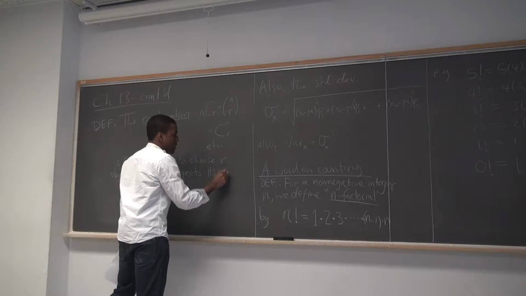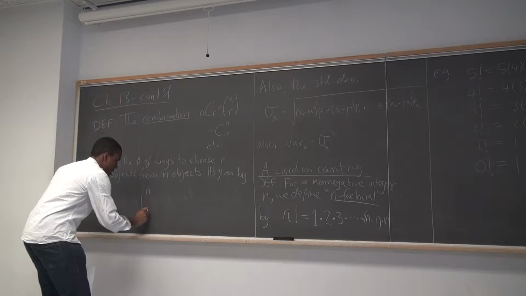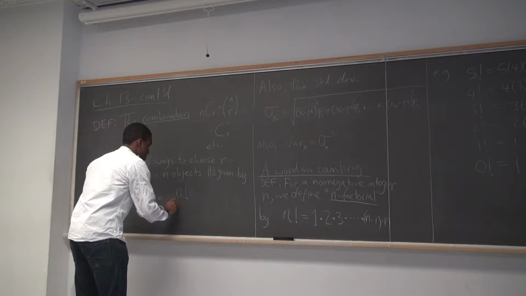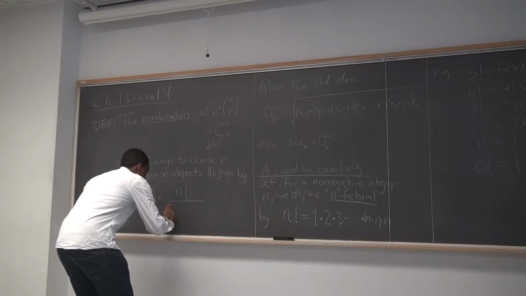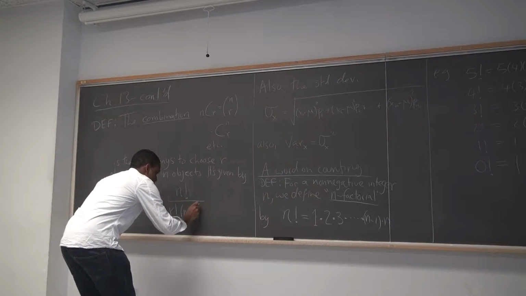It's given by nCR equals n factorial divided by R factorial times (n minus R) factorial.